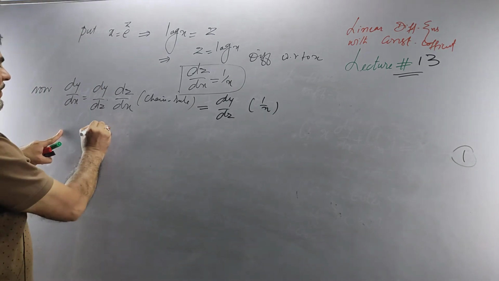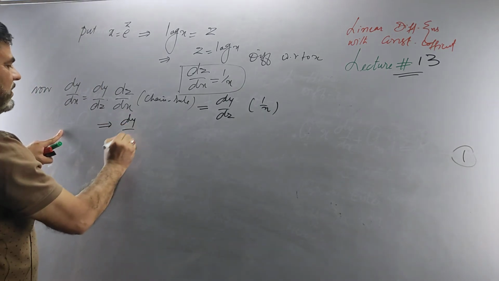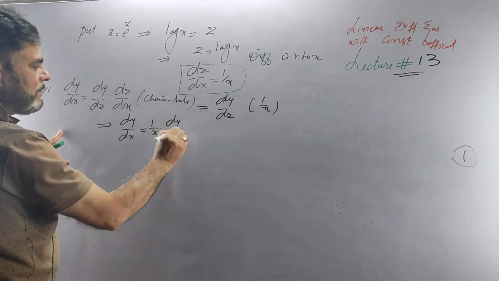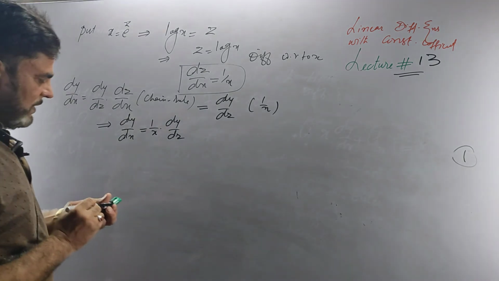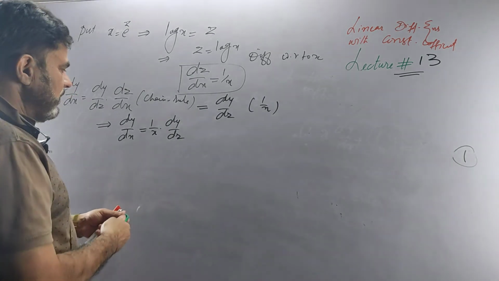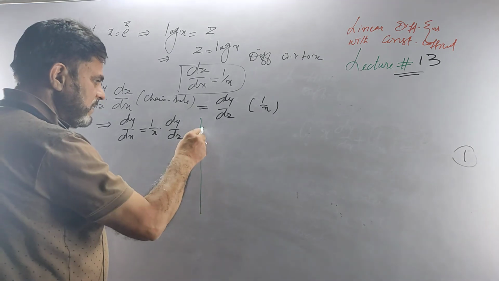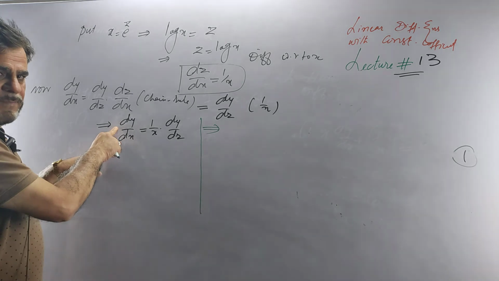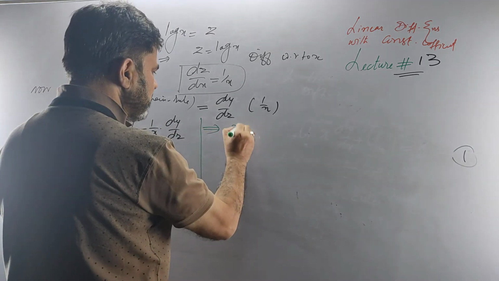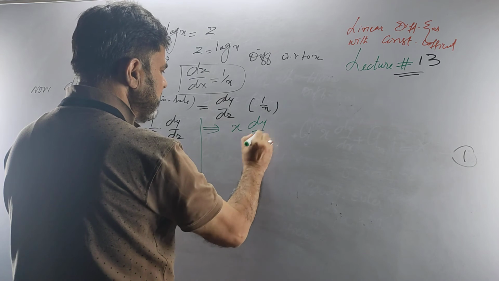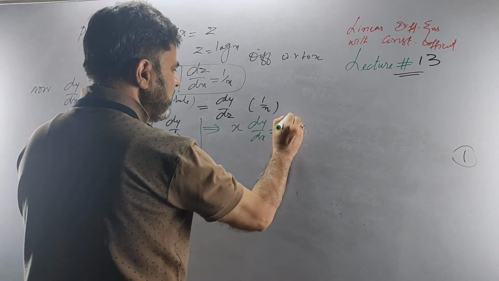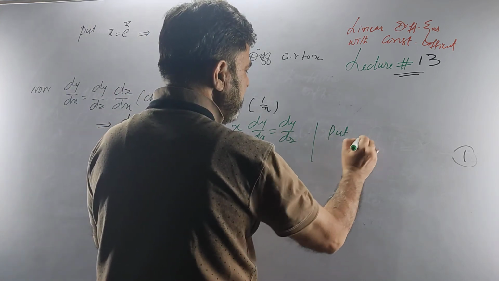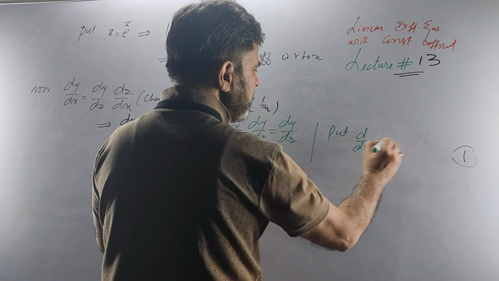Therefore I get dy/dx equal to 1/x dy/dz. If I multiply both sides by x, this gives x dy/dx is dy/dz.